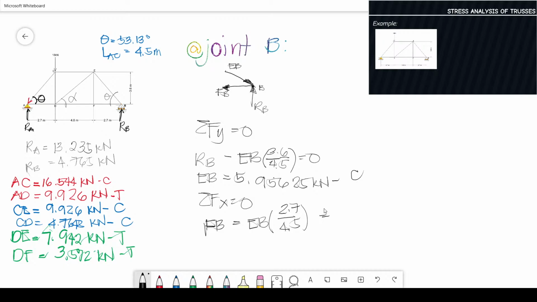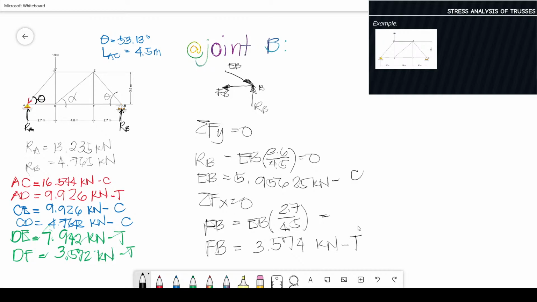Diba? So, pwede nila ito diretso na yung answer times 2.7 over 4.5. Matik na. This is FB is equals 3.574 kilonewton. This is tension.